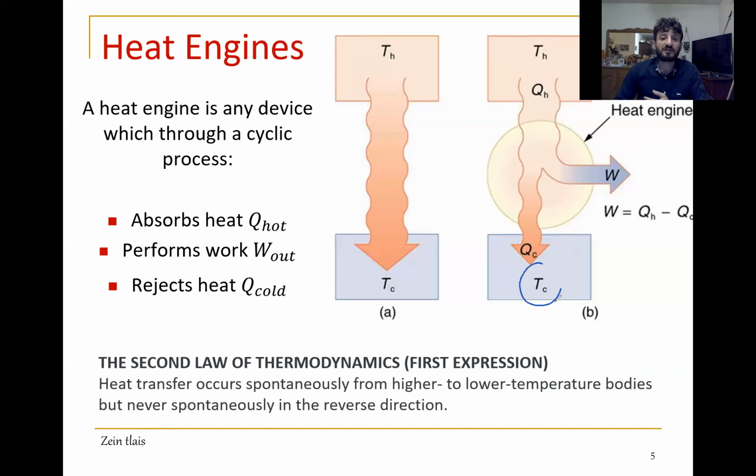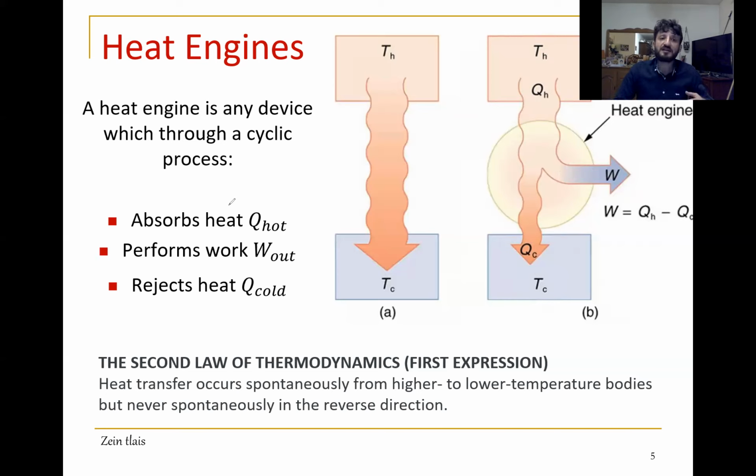Outside we have T cold, a low temperature, as the final point. Inside, with the ignition of the gas, we have a high temperature T hot. The engine will gain this quantity of heat, lose this quantity of heat, and do this quantity of work. So we have three parameters here for the engine.